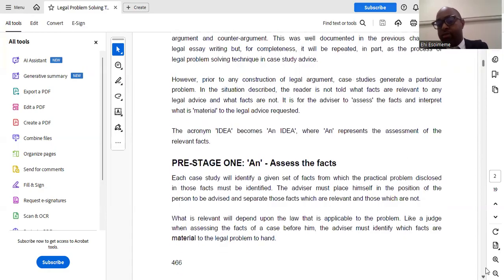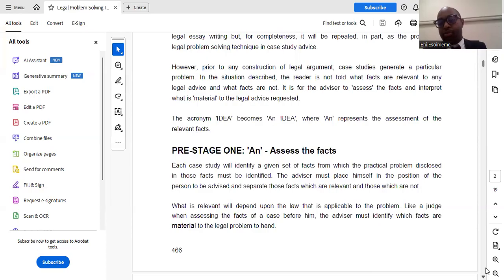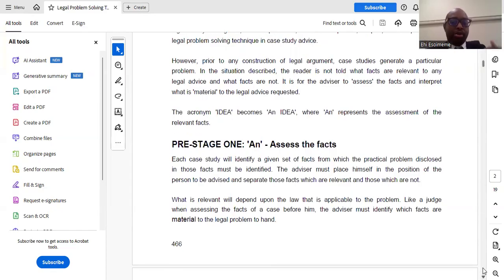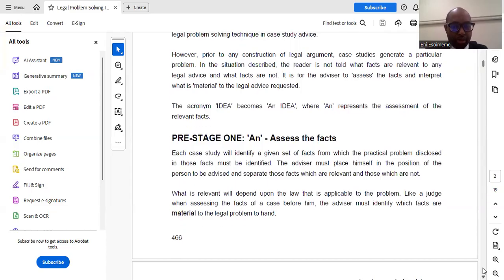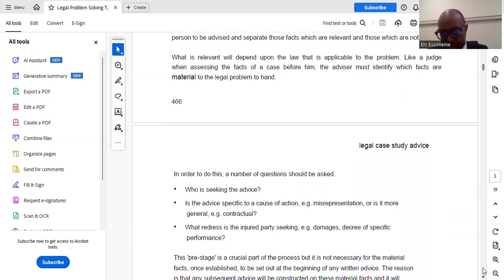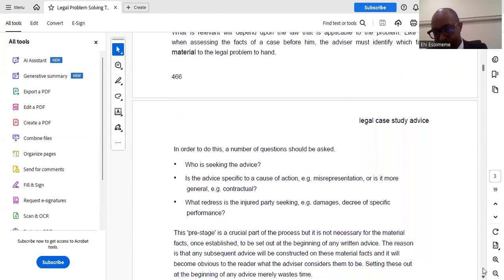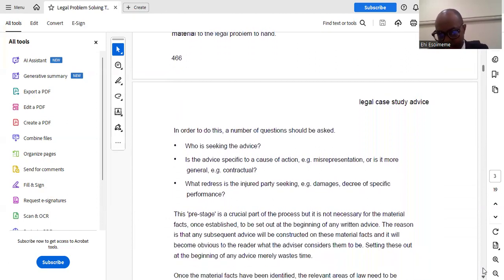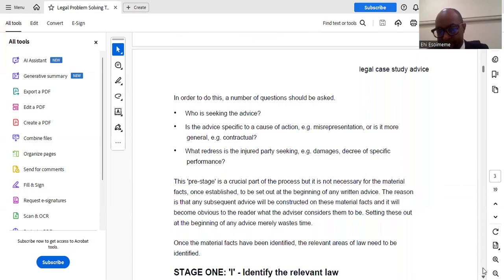And one of the things that happens is that there's a pre-stage. This is before you even start stage one. We talked about how you have to adopt the approach of the judge. But in this particular instance, before we even do that, just like we mentioned initially, one of the major things you need to do is to know how to enter into the pre-stage, and this is where the material facts are being identified.